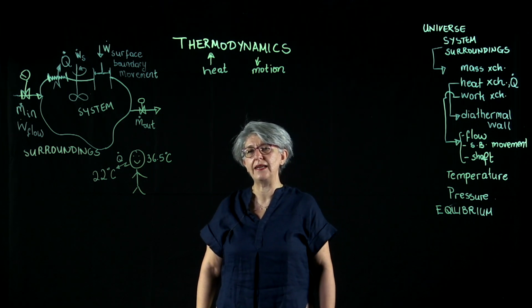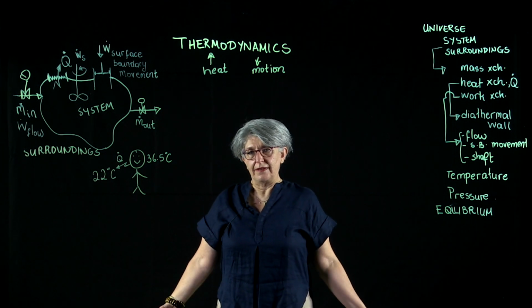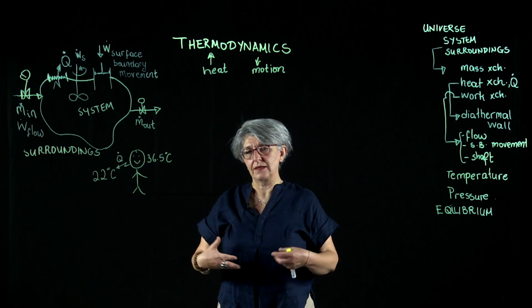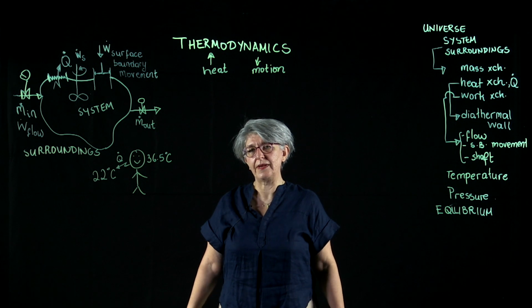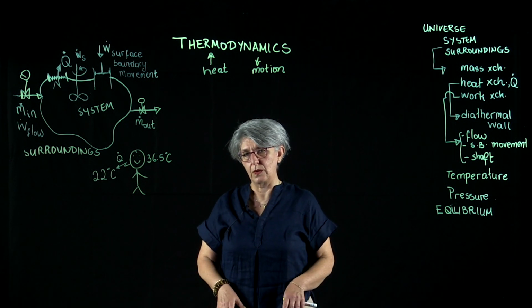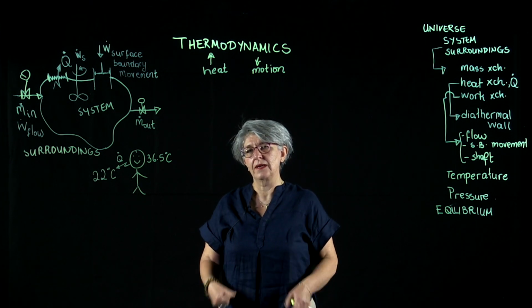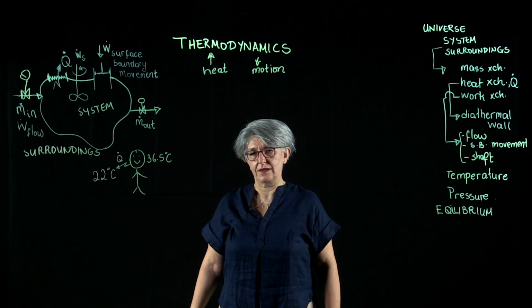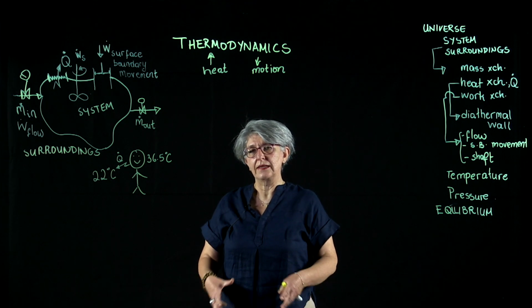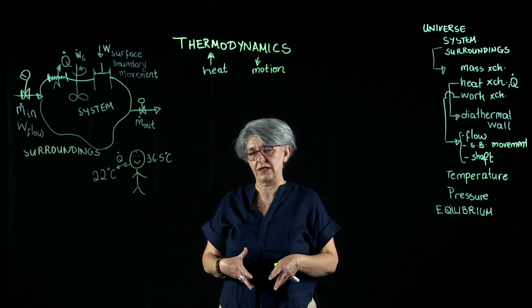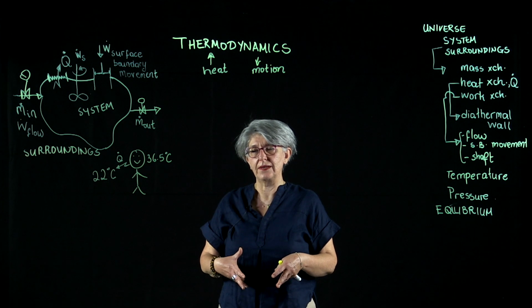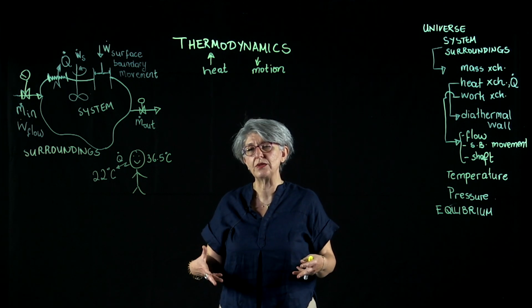Now we will inhale. When we inhale, our lungs and exterior expand. When we exhale, we know that our lungs and the exterior contract. This expansion and contraction process is a surface boundary movement.